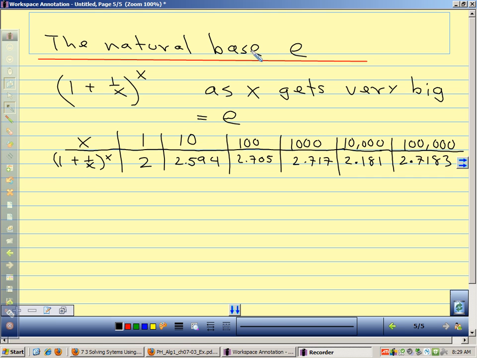But e is a very, very important number, and we're going to be using that as the base of our exponential functions in a lot of cases. So just keep this in the back of your head, that e comes from this expression as x gets very large. Originally, it was discovered when calculating interest, which we're going to start talking about here right now.